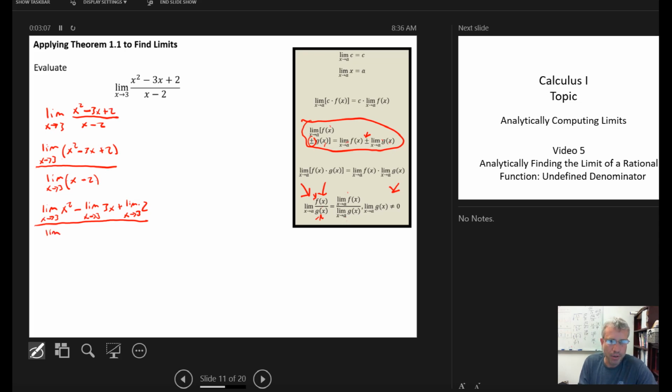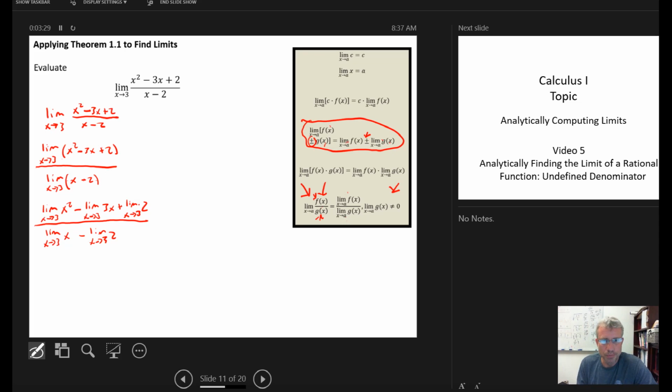So the limit as x goes to 3 of x minus the limit as x goes to 3 of 2. We are doing this in a lot of detail, and in homework 3, you are expected to show this level of detail. When we move into future homework assignments, we won't need to show this level of detail.